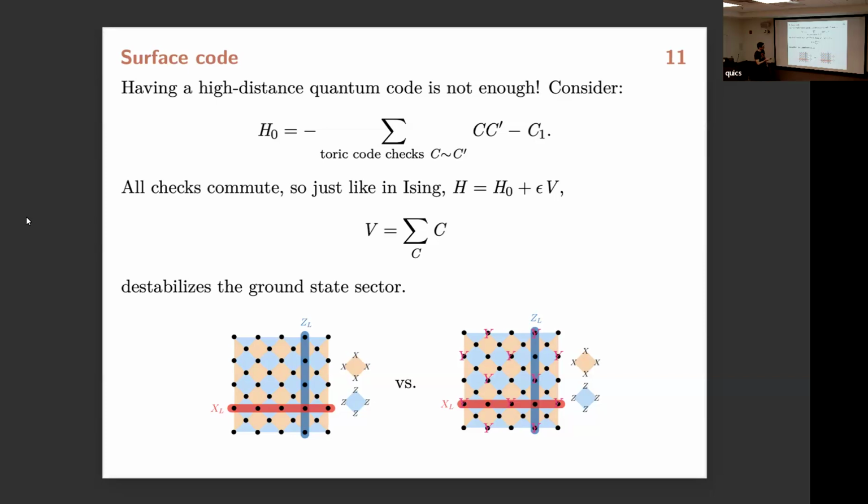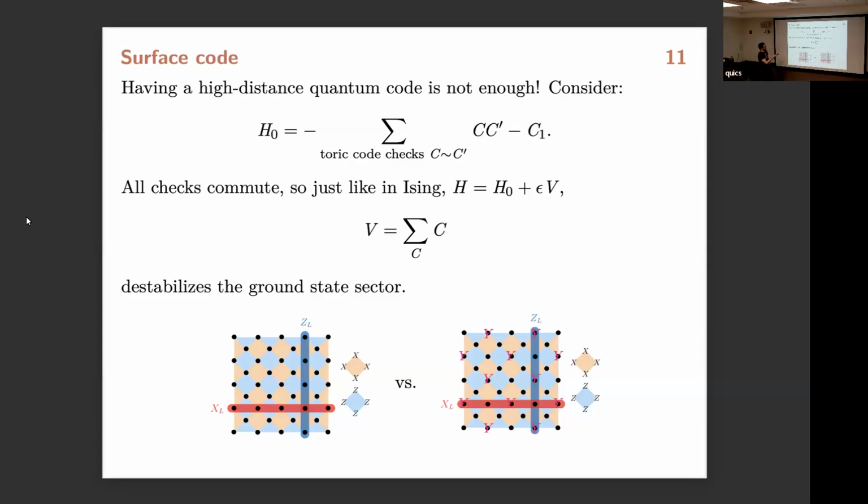We would have the 2 degenerate ground states of the original toric code, and then 2 more ground states, which look like the toric code but with very special Pauli Y errors on some order 1 fraction of the sites. These Y errors are chosen to flip every single parity check exactly once. So the product of all nearest neighbor checks is still +1, but each individual check is violated on its own.